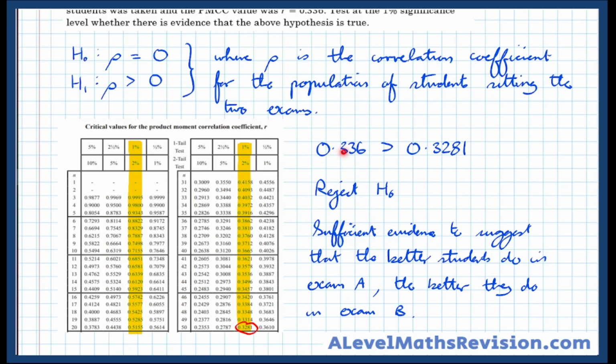So we've exhibited more correlation than the bare minimum needed, so we can reject the hypothesis that there was no correlation. We were testing for a positive correlation, so we conclude accordingly.